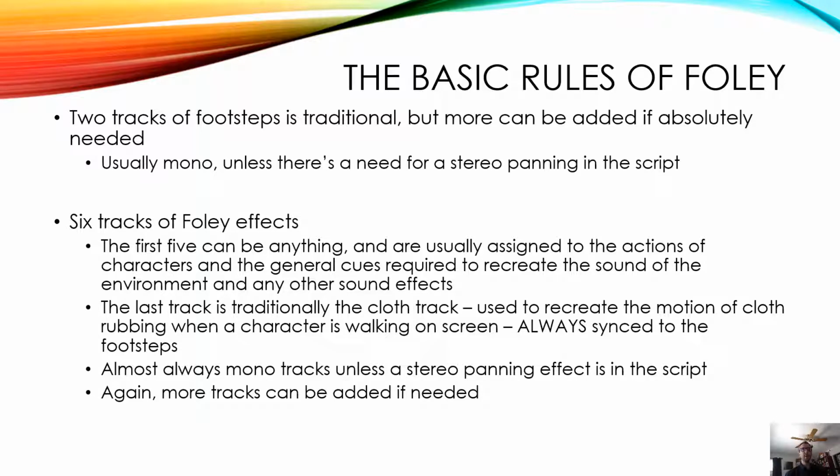So, in general, 2 tracks of footsteps is traditional, but more can be added if needed. These usually track with the main characters on screen. They are almost always mono unless there is a line or two written in the script that indicates that they would need stereo panning from left to right, or some sort of effect that you cannot do by using the panning on a mono track.